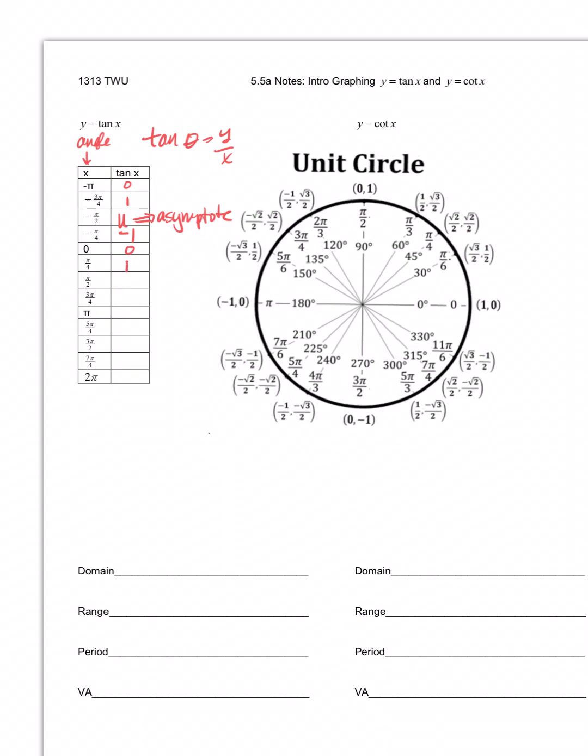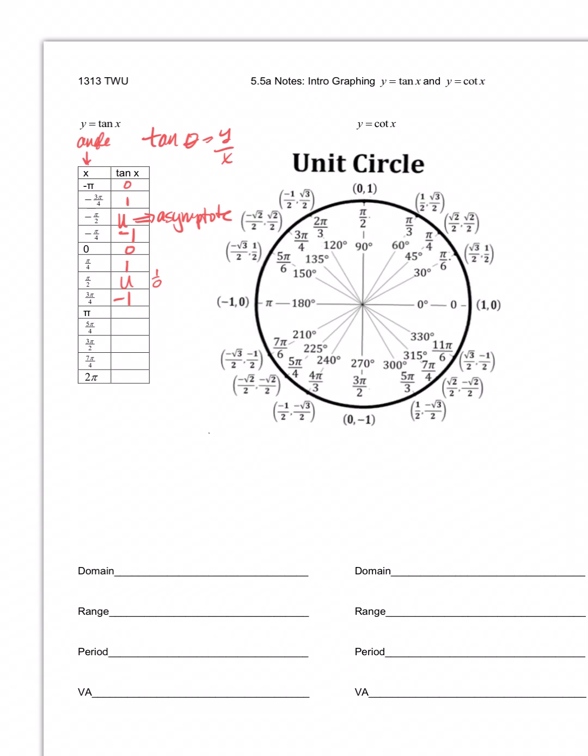Pi over 2? 1 over 0, which is undefined, right? 1 over 0 is always undefined. What about 3 pi over 4? Negative 1. Let's keep going.